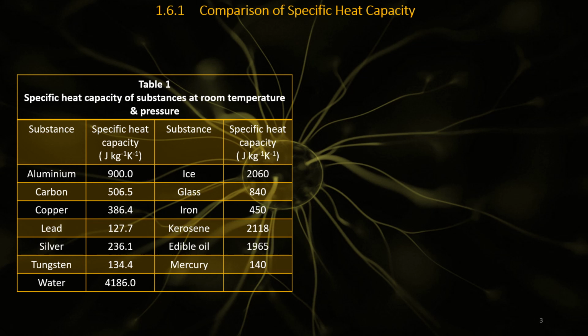We may note that water has the highest specific heat capacity of 4186 joules per kg per Kelvin.